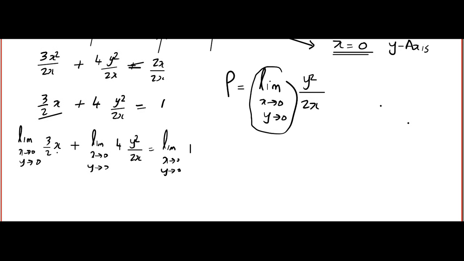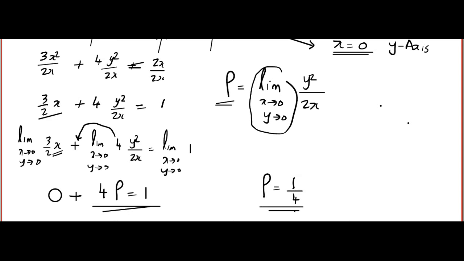Now look at this. If x tends to 0, this will become 0. 3 by 2 into 0 is 0. Plus 4 is a constant. This will come outside. And the remaining part will be rho, and the limit of a constant is the constant itself. So I get 4 rho is equal to 1. So rho is equal to 1 by 4. See, it's so easy. Okay, let's try one more problem.